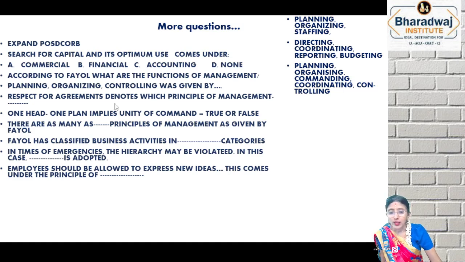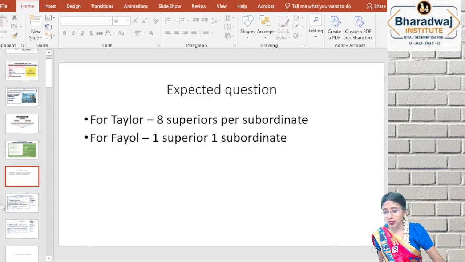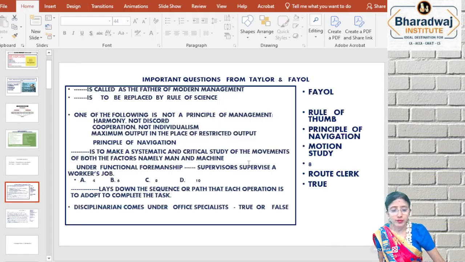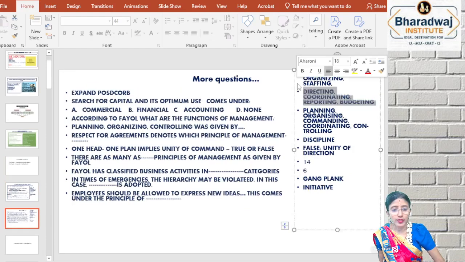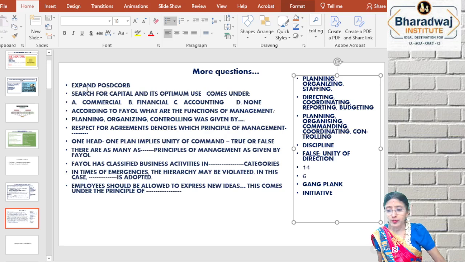Planning, organizing, and controlling was given by, actually some answers are missing. I will write Ralph C. Davis. You remember that? Okay, this exercise is already done. So look at this page. Here it is.